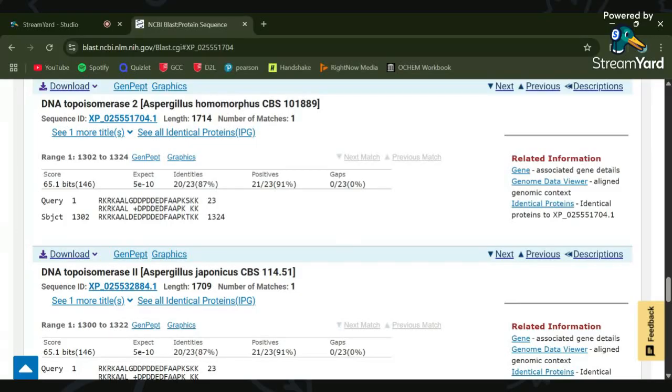And then you could see that it puts an alphabetic letter wherever it's similar, but it puts either a space or a sign, like a plus sign, where they're different. There is a meaning which I've since forgotten what plus means. It might be that it's a similar kind of amino acid. It's not a radical change or something like that.